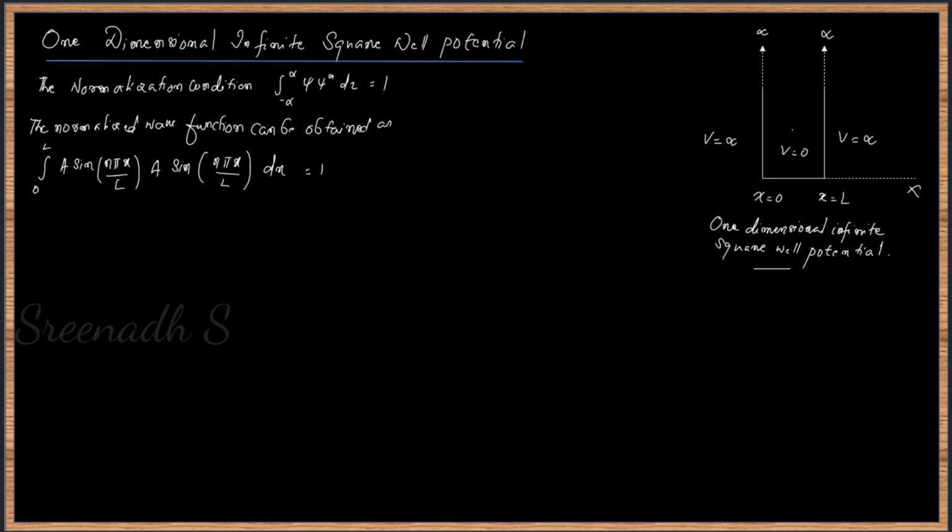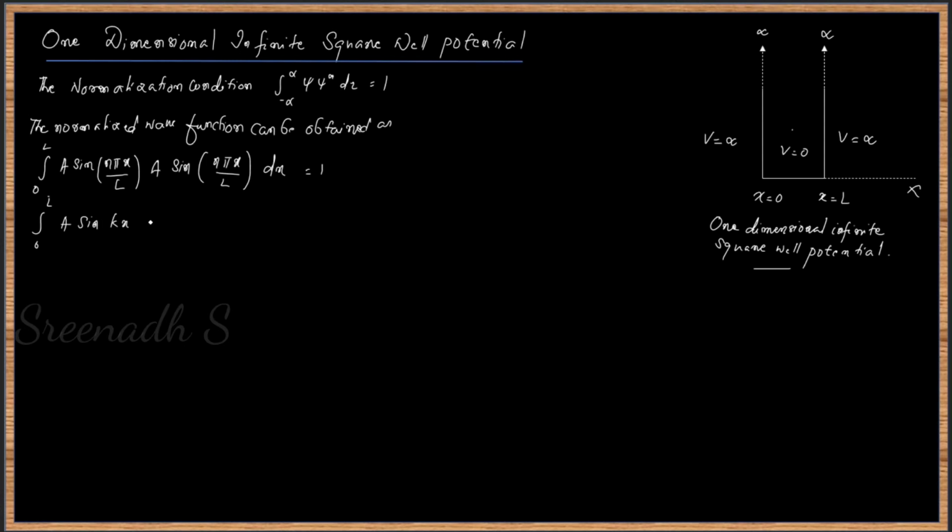Just for simplicity, we can substitute k for n pi by L, because k is equal to n pi by L. We have seen that, so we can just write sin kx. That will be easy to solve this equation. In the final step, we can substitute for the k value.